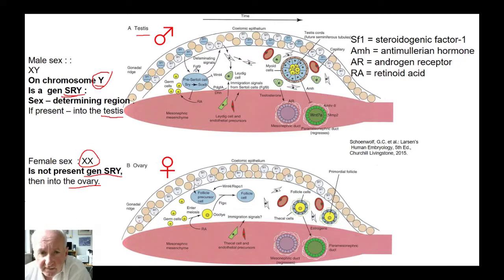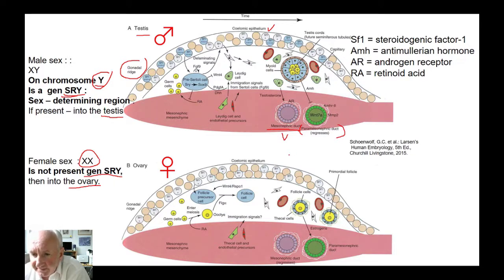You see how important it is: this is the ridge, and you see coelomic epithelium on the surface. We have been speaking about the first cords, and now there are some factors in those coelomic cells which will go on in the development right into the testis.